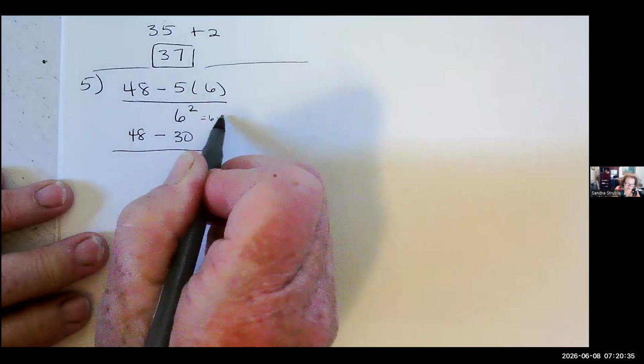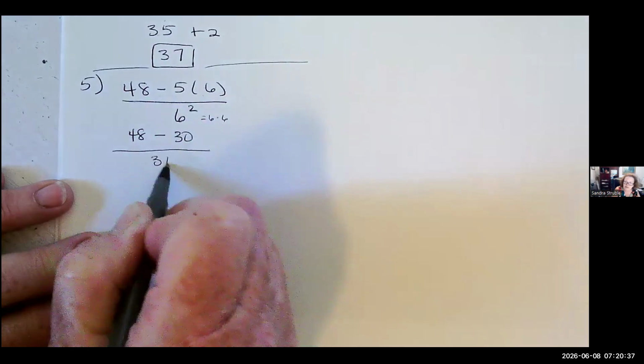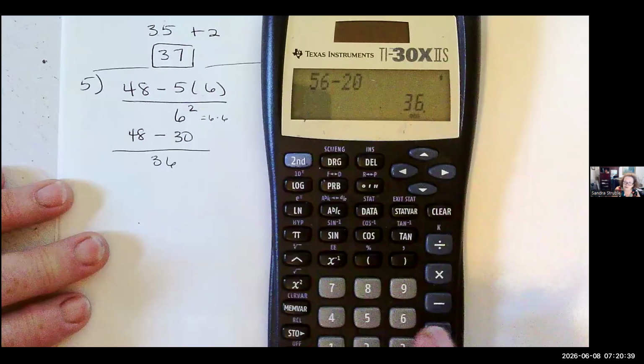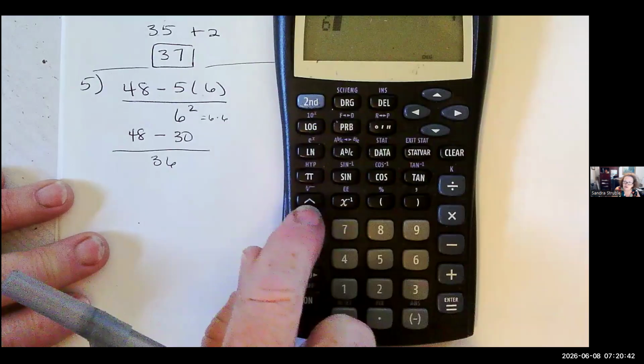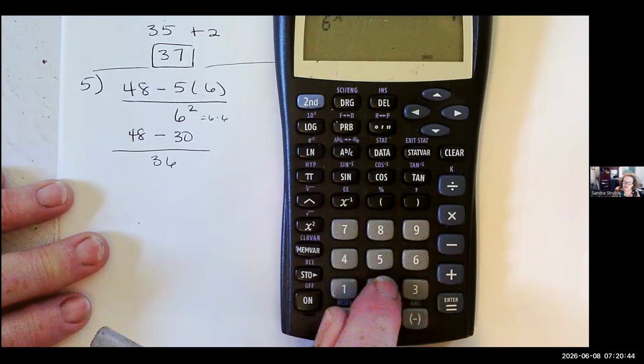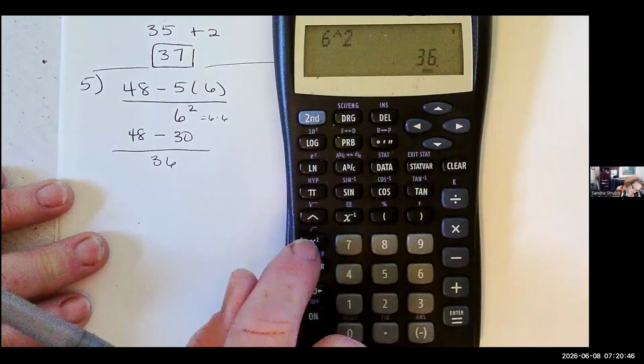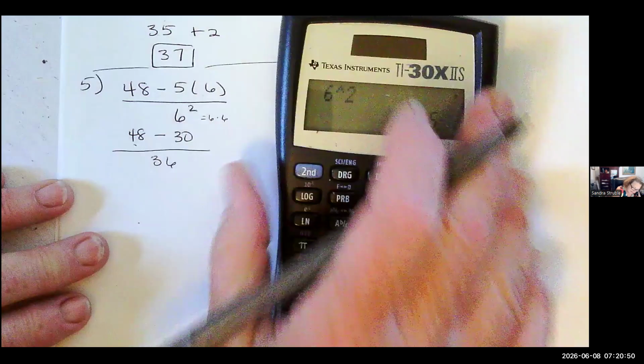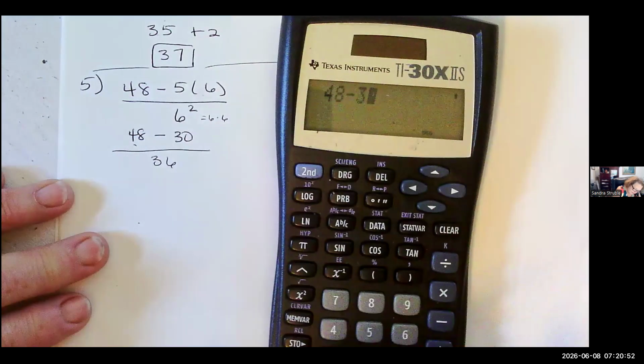To put that in your calculator, you can go 6, use the little caret here, 2 equals. Or if you have an x squared, you could use that too. Next thing we have to do is finish up the top, 48 minus 30, and that's 18 over 36.